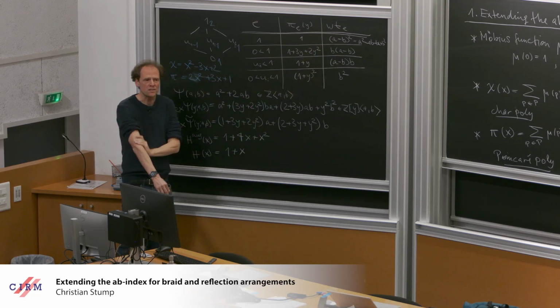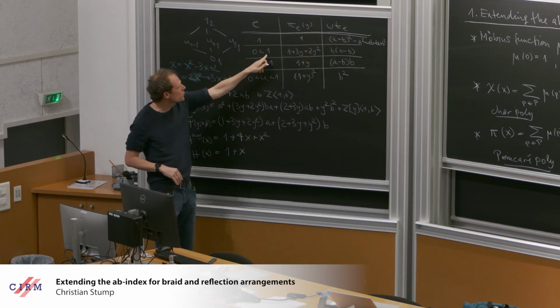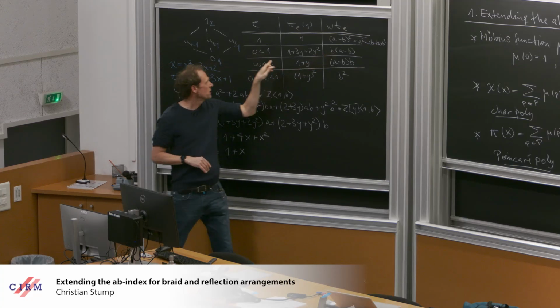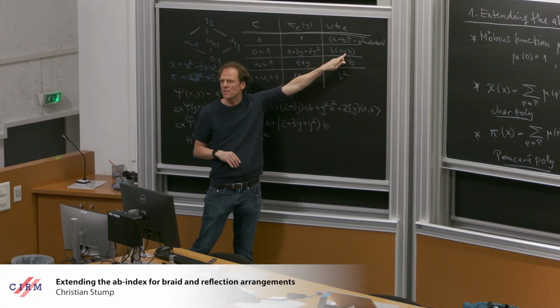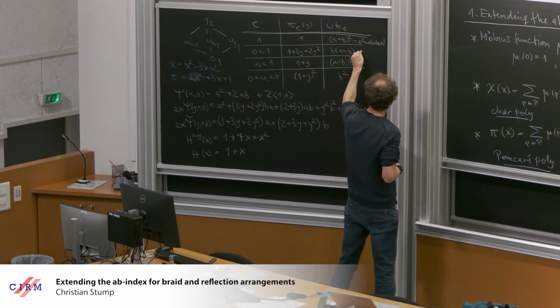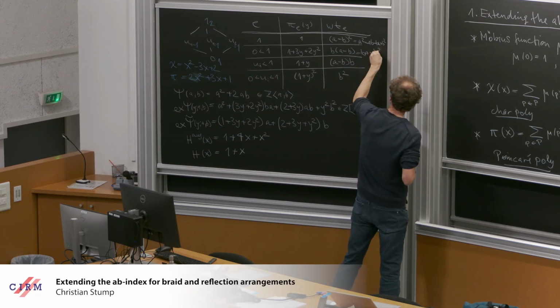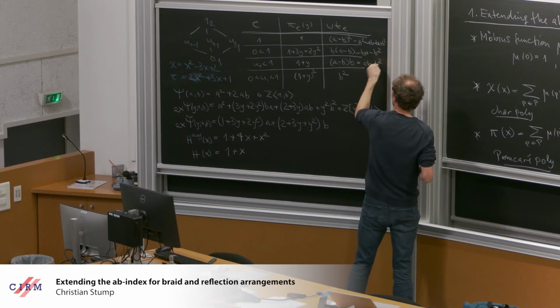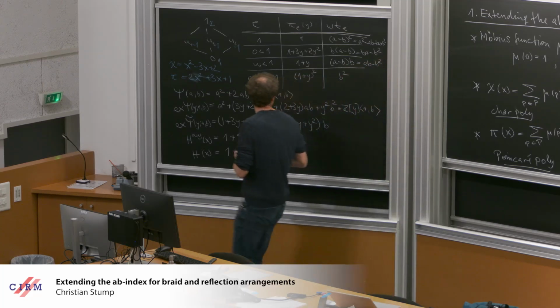So you know which ranks are there and which are not. So 0 and 1 means rank 0 is in there, so I record a b. Rank 1 is not in there, so I record an a minus b. Okay? So this is ba minus b squared. This is ab minus b squared. And this is, well, b squared.